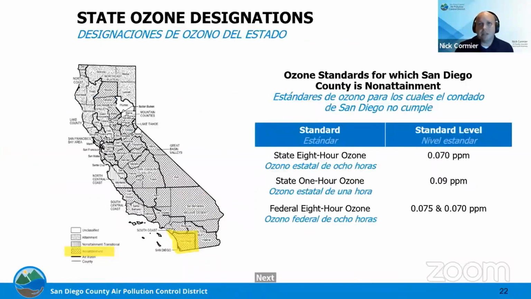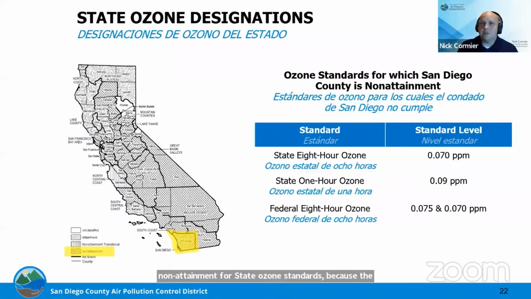San Diego County is currently designated as a non-attainment area for state and federal ozone standards. As seen on this map, many of the populated regions of California are also non-attainment for state ozone standards. Because the region is non-attainment, Health and Safety Code requires APCD to prepare a plan to attain the state standards.